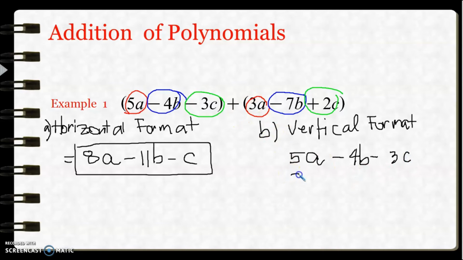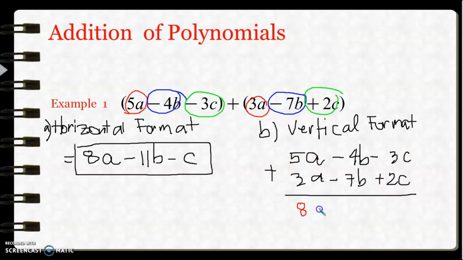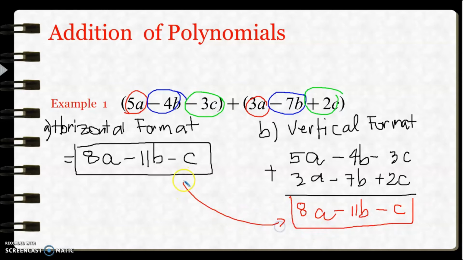And then to be added to 3a minus 7b plus 2c. So, kita mo yan na magkakalinya yung similar terms. And now we add. So, 5a added to 3a is 8a. Negative 4b added to negative 7b is negative 11b. And negative 3c added to 2c is negative c. So, we arrive at the same answers.